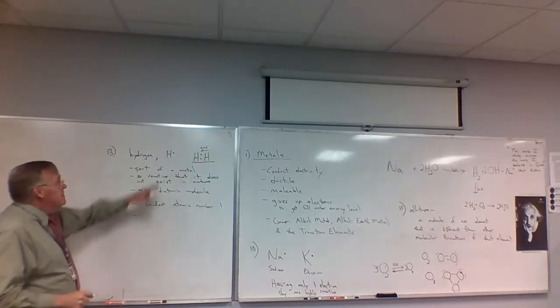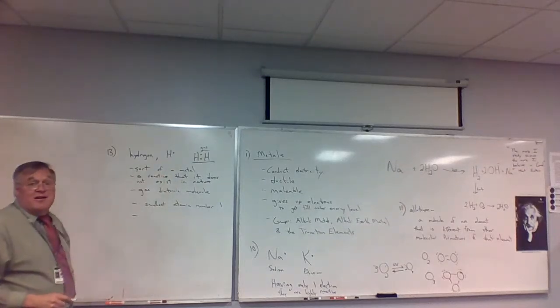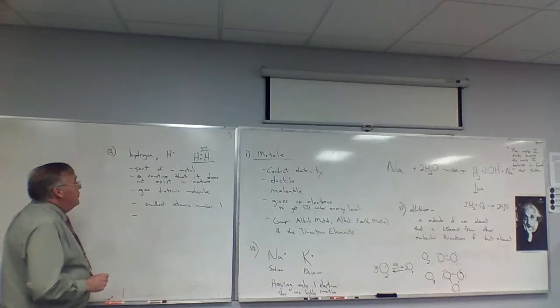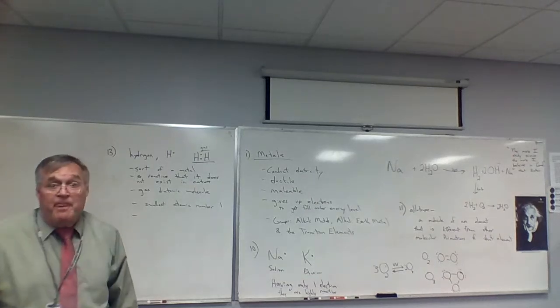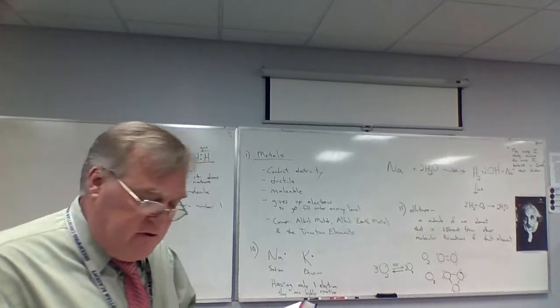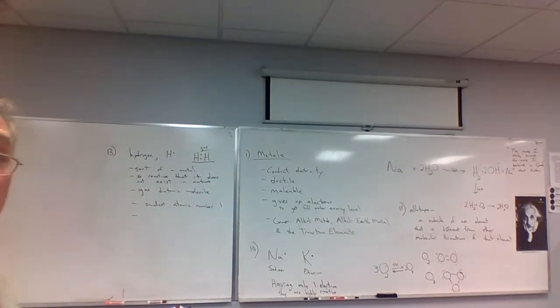Does that make sense? It has 1 electron. It has 1 proton at its center. Okay? What else? That's enough. Let's move on. Okay? So we described some unique properties of hydrogen right there on the board.